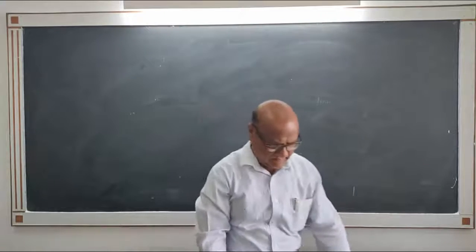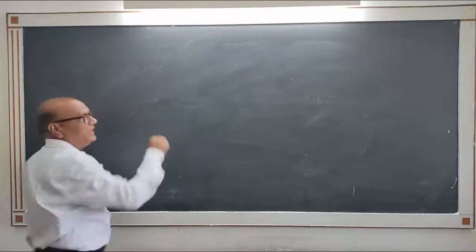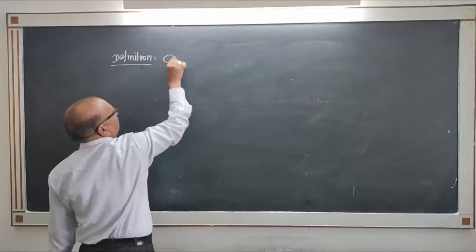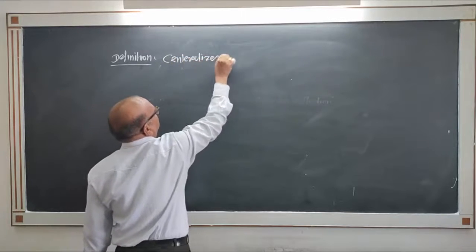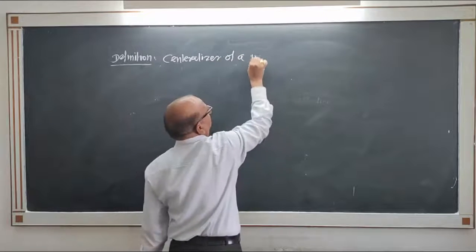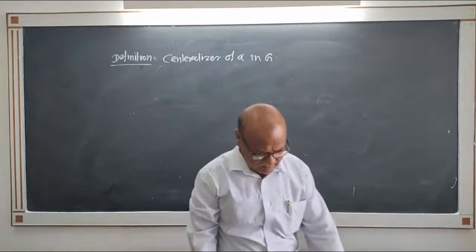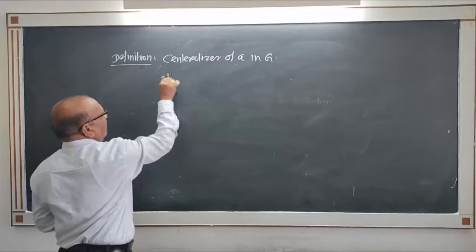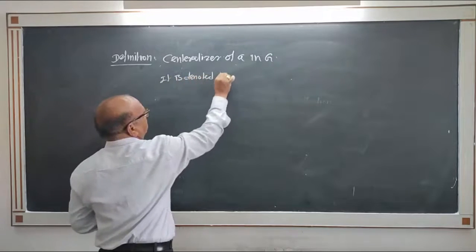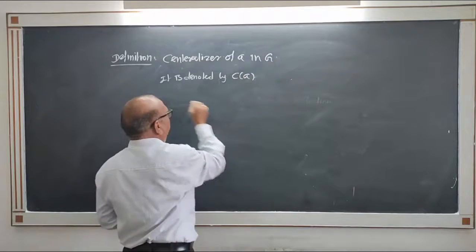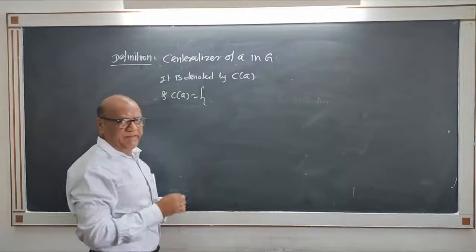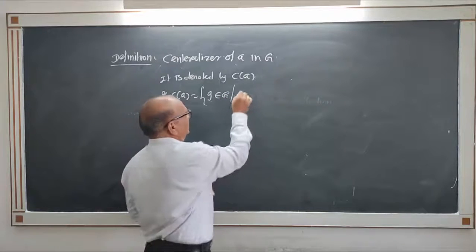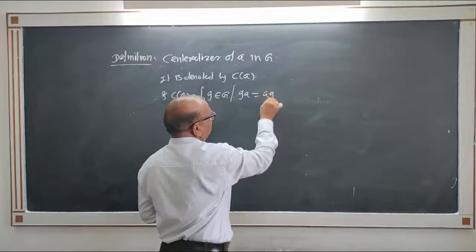Now here is another definition, the centralizer of A in G. It is denoted by C of A, and C of A contains those elements from G which commute with A. C of A is equal to the set of X in G with XA equal to AX.